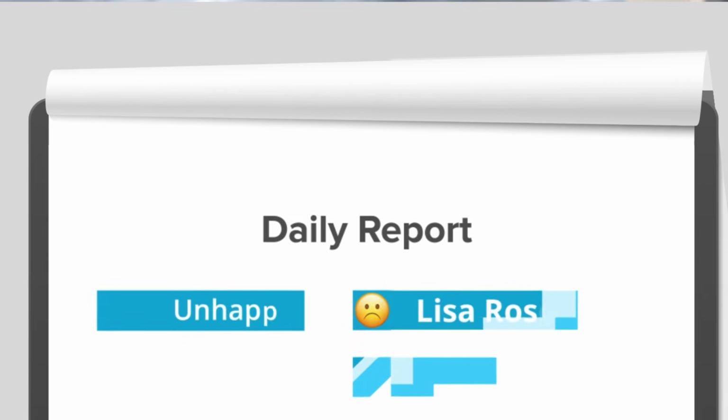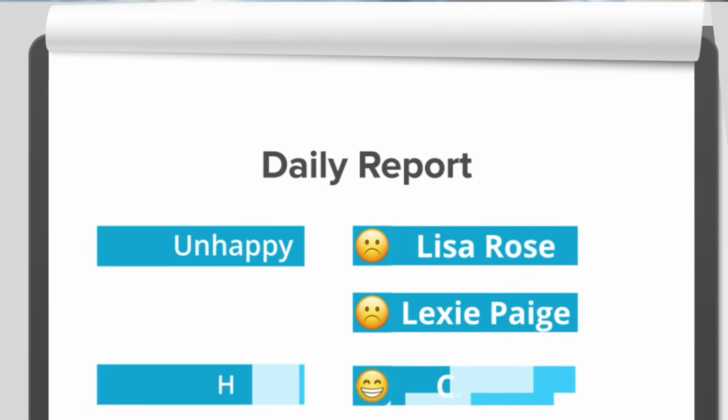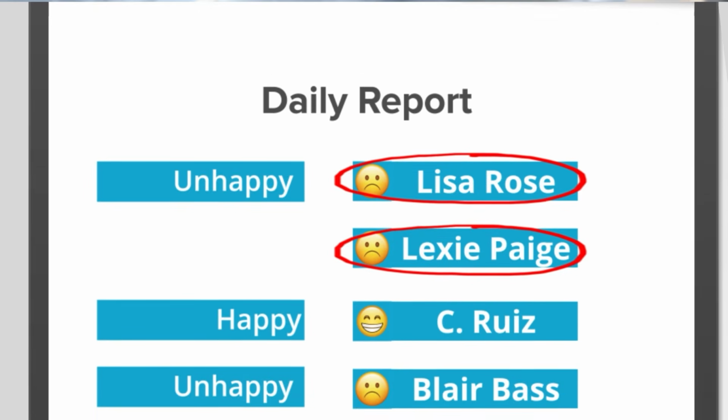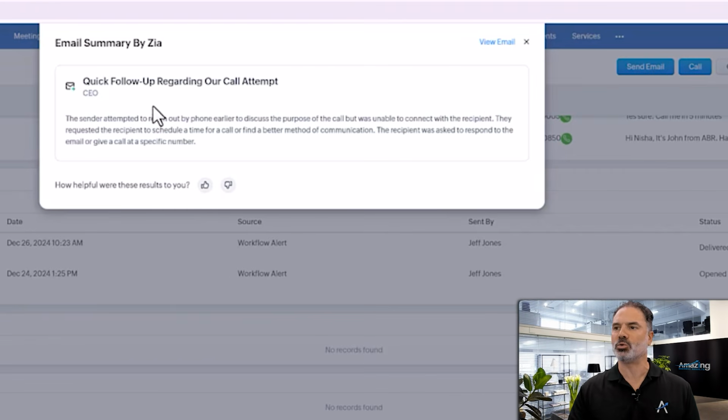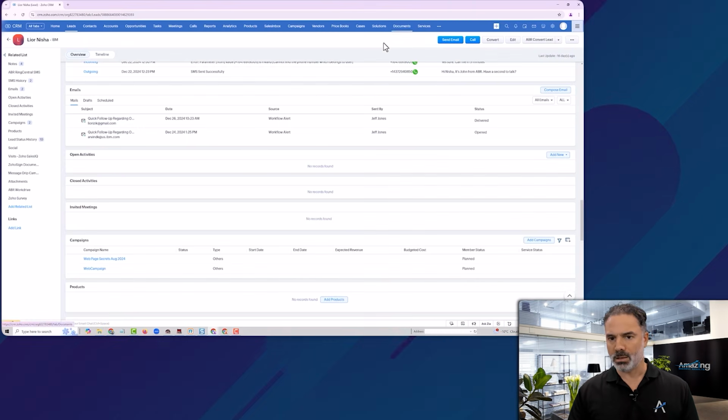And also for mid-management, the ones that are supposed to manage the employees, they will receive a daily report that will show them all the unhappy customers, and then they can drill down and see exactly what's going on. It's a great way to supervise the quality of your company. So this is also something that we know how to do. It's not out of the box, but we do know how to do it with an AI integration.